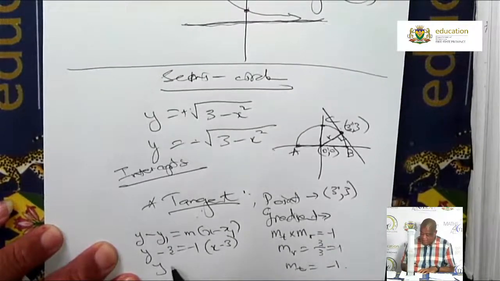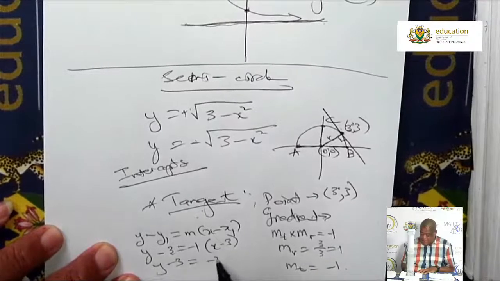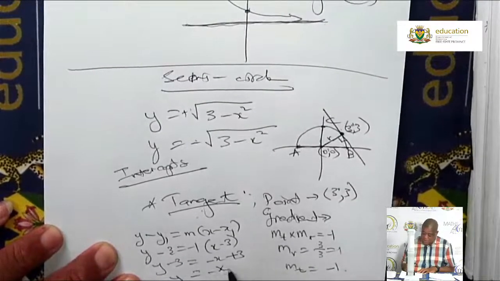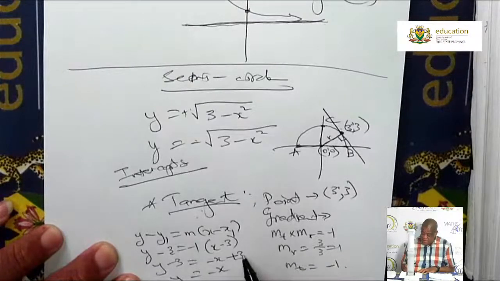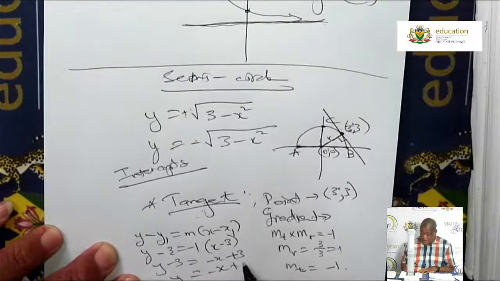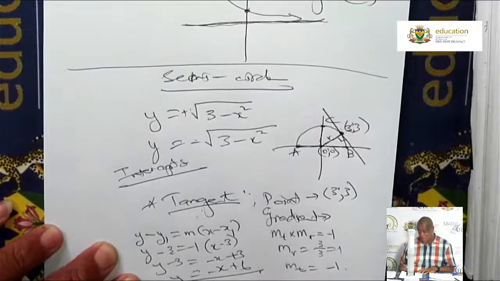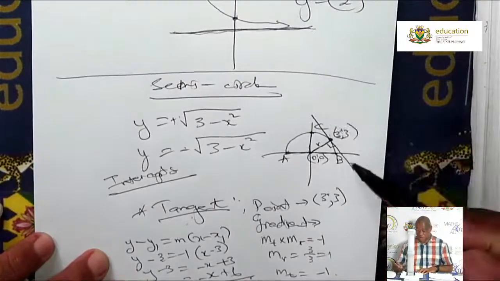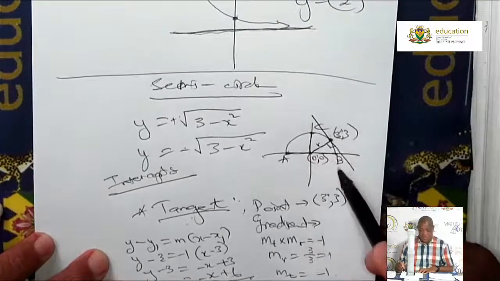That is y minus 3 is minus x plus 3. Y is equal to minus x, and 3 plus 3 gives us 6. So the equation of the tangent will be y equal to minus x plus 6. That is if the examiner has decided to include a straight line on our semicircle.